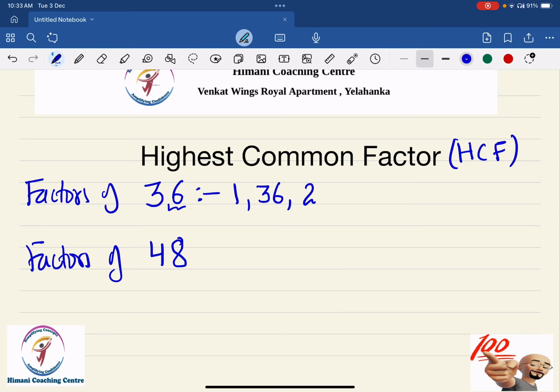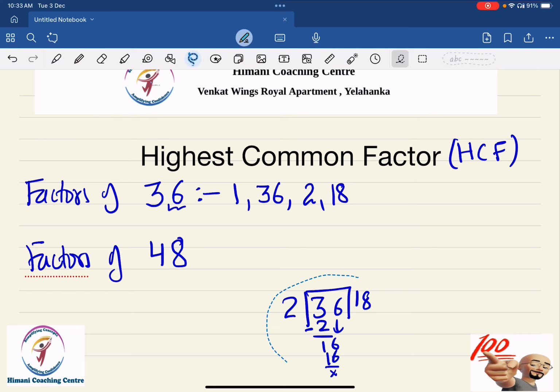Divide 36 by 2. 3 is bigger than 2, and 2 times 1 is 2. 3 minus 2 gives us 1, bring 6 down. 2 eights are 16. So 2 and 18 are the factors of 36.